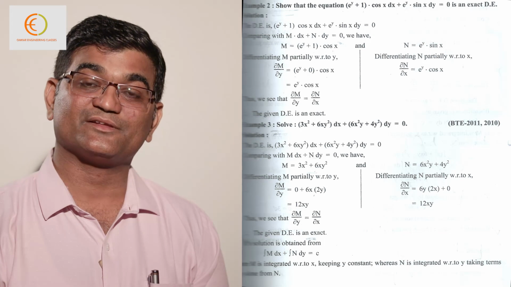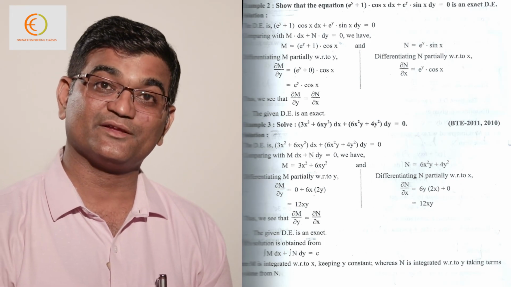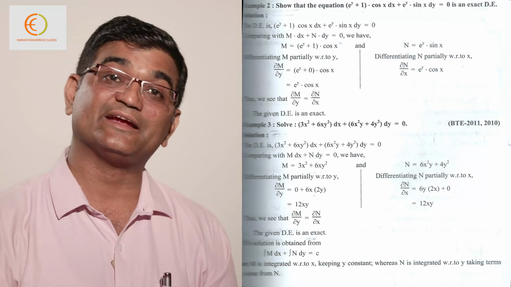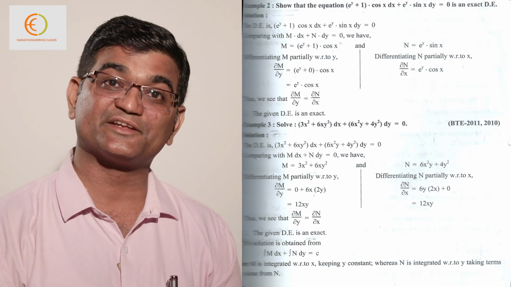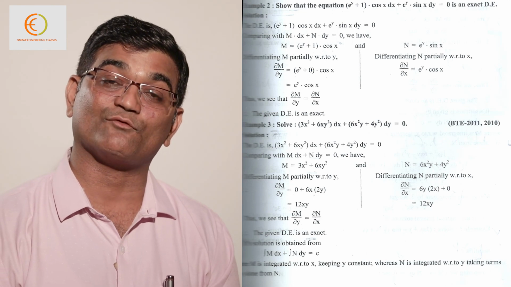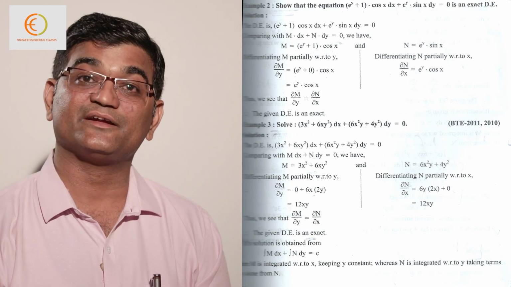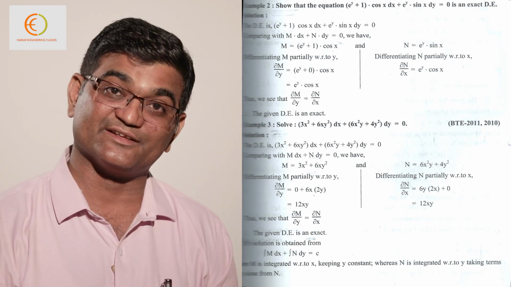If the answer is the same, the category of the equation will be exact. And in case of solving the problem, you have to solve it like integration of m dx plus integration of n dy. In case of integration of m dx, you need to take y as a constant term, and in case of integration of n dy, pure y terms you need to consider. This is nothing but the exact differential equation.